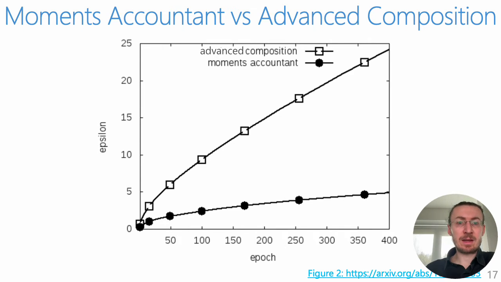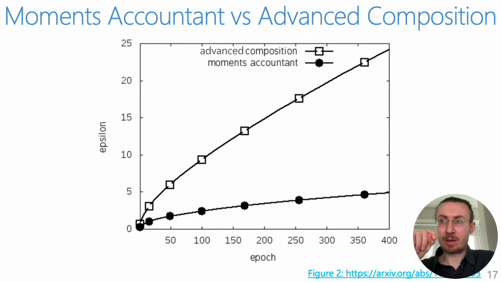So in this graph, the y-axis represents the epsilon value, and the x-axis is the number of training epochs for an ML model. This figure shows two curves: the curve with the empty squares corresponds to advanced composition, and the bottom line is for the moments accountant. So we can see that we get a much tighter estimation of the privacy loss by using the moments accountant than by using advanced composition.